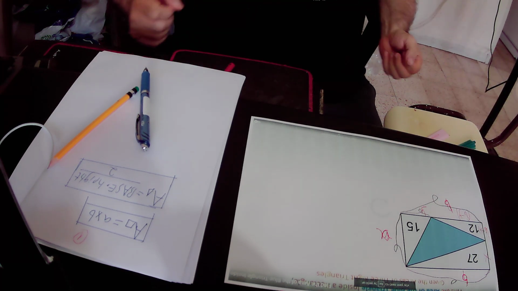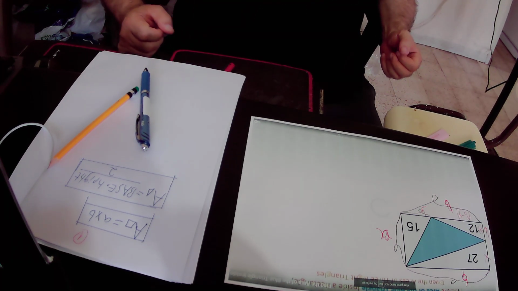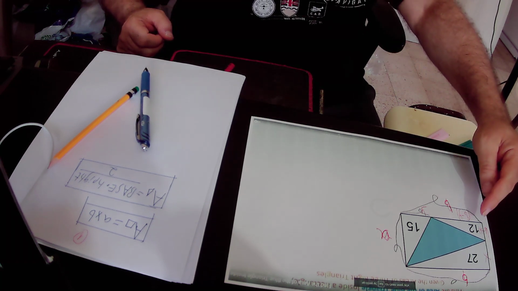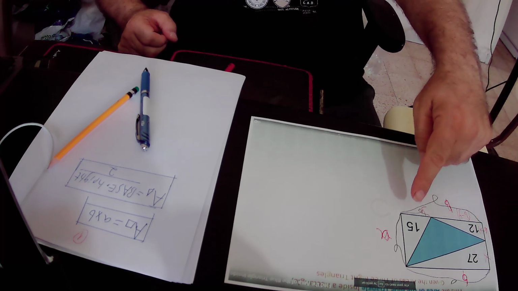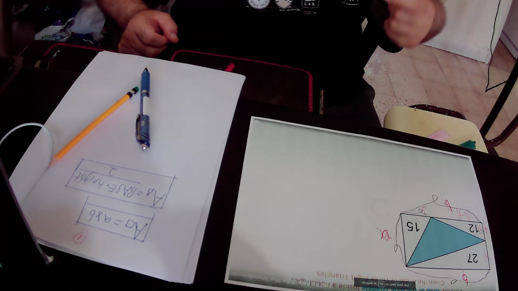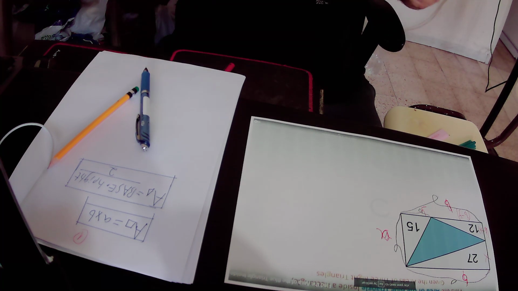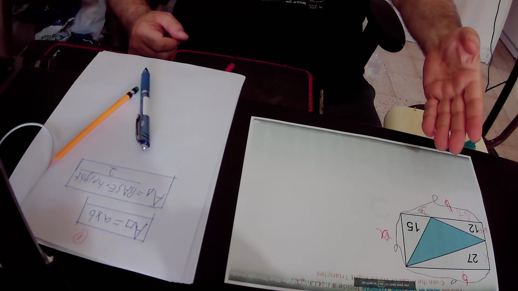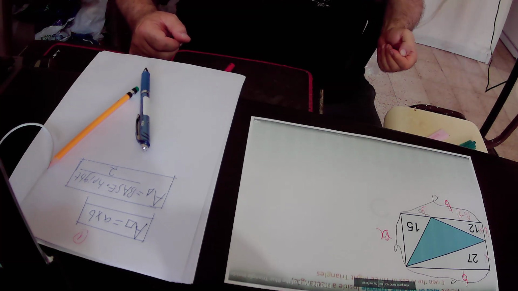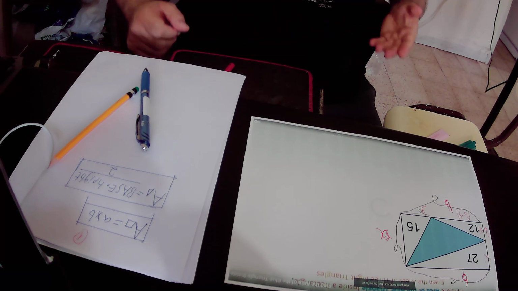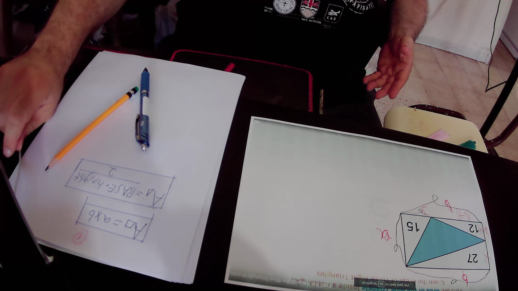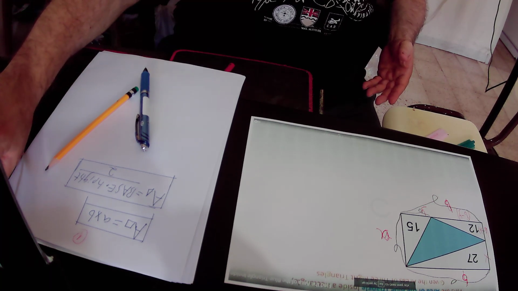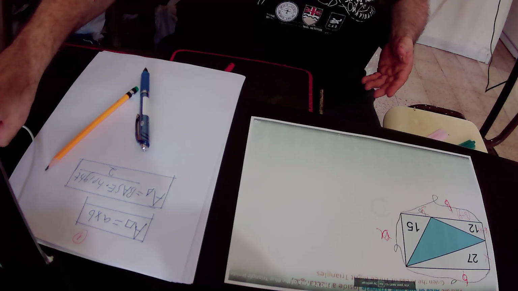Although we know the areas, we know that the area of this triangle is 12 units, and the area of this right triangle is 27 units, and the area of this right triangle is 15 units, but we want to create the formulas for the known areas. According to our general formula for the area of a triangle, it is the base of the triangle times the height of the triangle divided by 2.